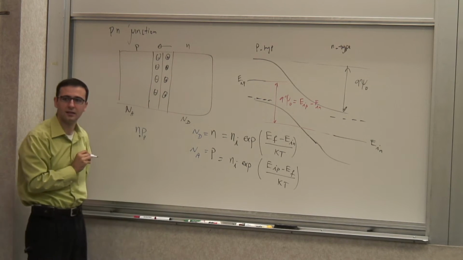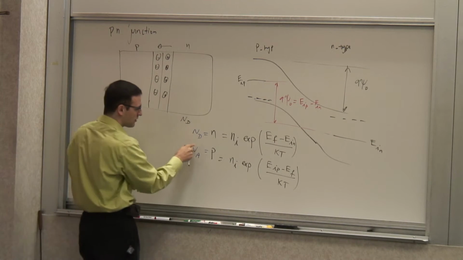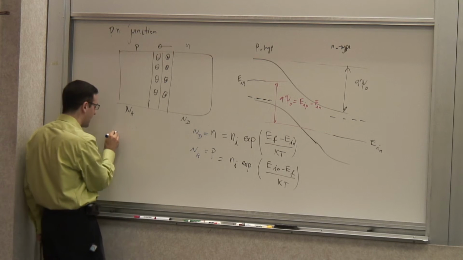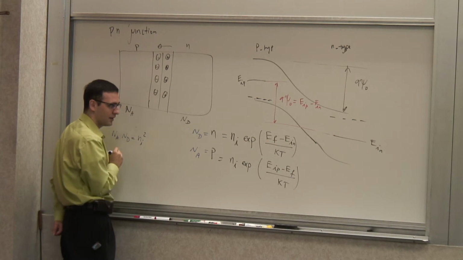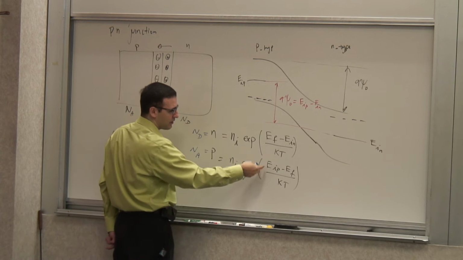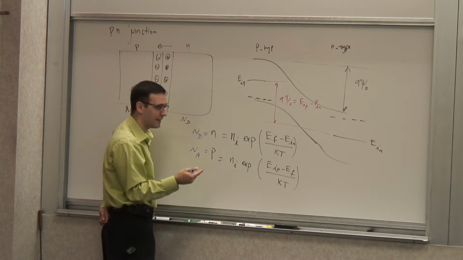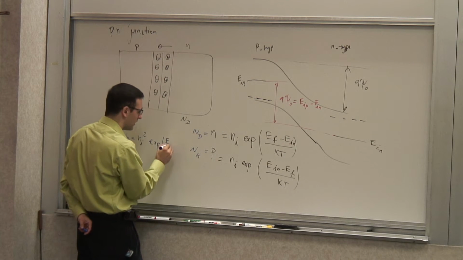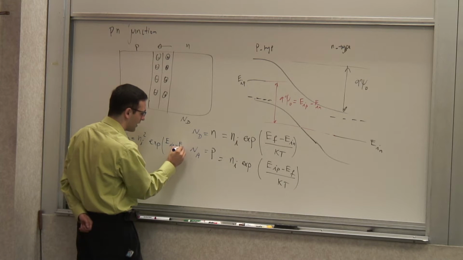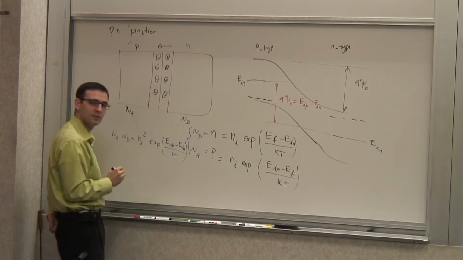and the same thing for the N side. This would be Nd. So from this point on, instead of writing it this way, I can actually multiply these two and these two. So I get Na times Nd, which is Ni squared, and multiply these exponentials, I get the sum of the arguments, right? And the EFs cancel, so I get e to the EiP minus EiN divided by kT, right?